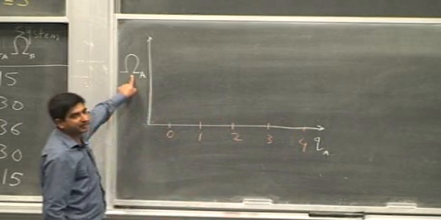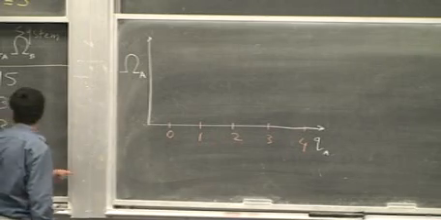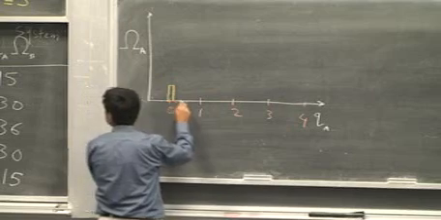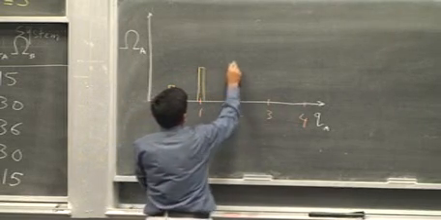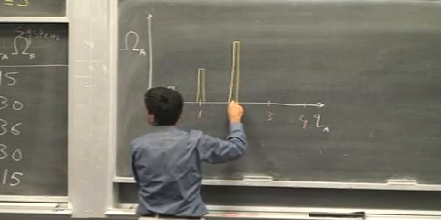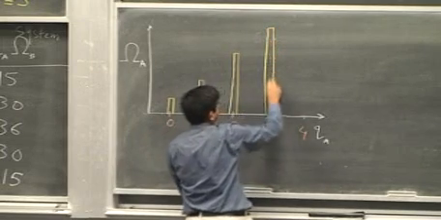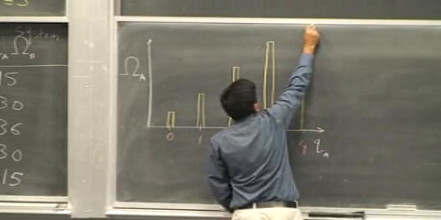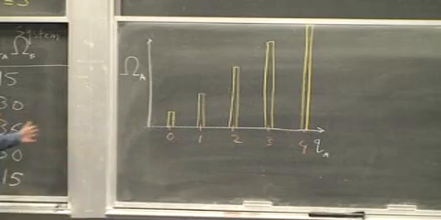And I'm just plotting omega A. So omega A is this. I'm just looking at the subsystem: 1, 3, 6, 10, 15. Just a graphical representation of this column.